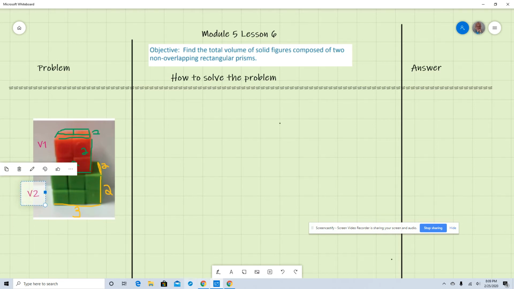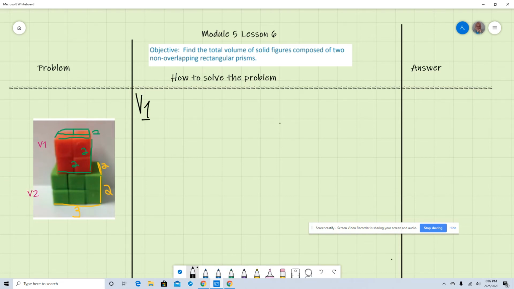All right, let's get to it. Volume 1, and we're going to get the measurements as well. So let me select my pen. Volume 1 equals length times width times height.